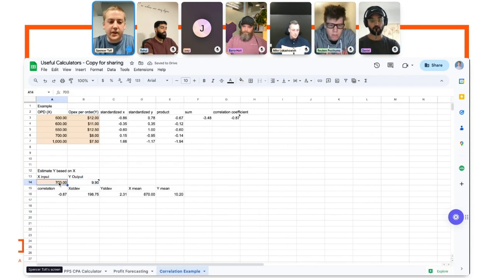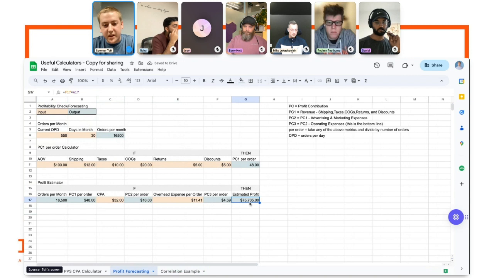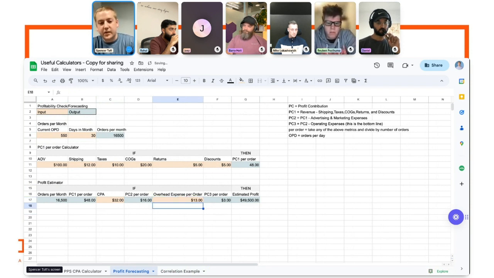If we're at 550 orders per day, we're really eating a lot on operating expenses per order just because we don't have as many orders. Then you can see how, I think this was 175 before the changes. But then, just to be safe, add a little bit.